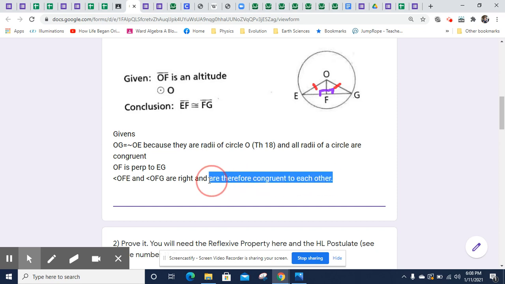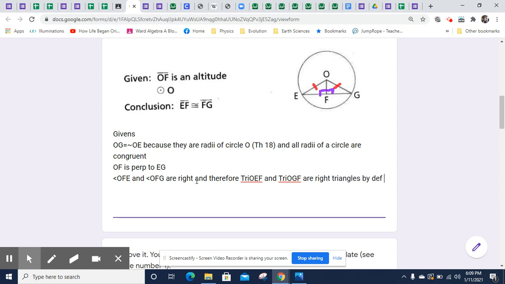We really just need to say, and therefore, triangle OEF and triangle OGF are right triangles, by definition of a right triangle.